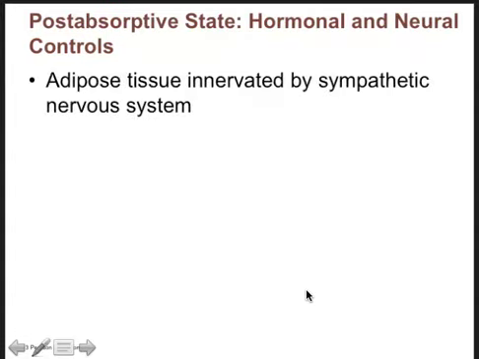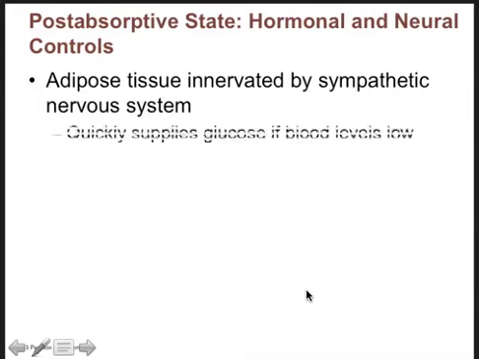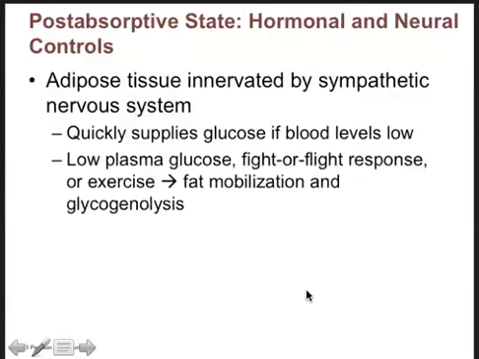Adipose tissue is innervated by the sympathetic nervous system. It quickly supplies glucose if the blood levels are low. Low plasma glucose is the result of the fight or flight response initially. So what we have to do is elevate blood glucose levels as quickly as possible to meet the energy needs of this emergency situation.